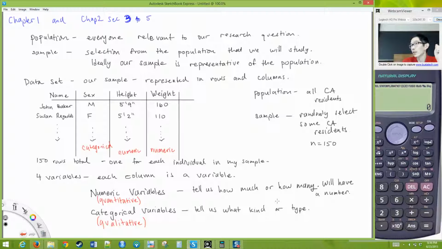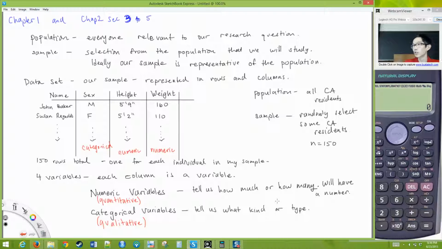Okay, it doesn't answer how much, because anything where you have a how much or how many, you can make comparisons. If somebody says I have 0 children and someone says I have 2 children, you can say this person has 2 more children than this person. You can make a comparison. But if someone says I have area code 310 and someone else says area code 212, you cannot say this person has 98 more area code than this person.